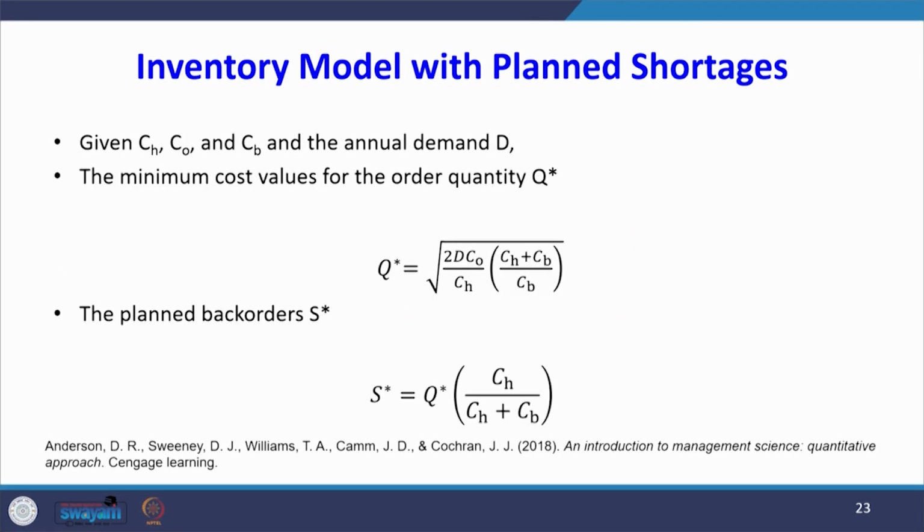Given holding cost C h, ordering cost C naught, backorder cost C b and annual demand D, the minimum cost order quantity Q star is root of 2 D C naught by C h multiplied by C h plus C b by C b, and the planned backorder S star is Q star multiplied by C h divided by C h plus C b.